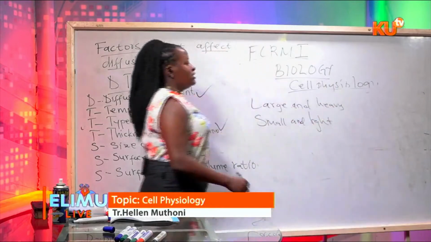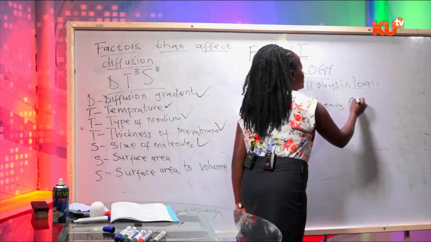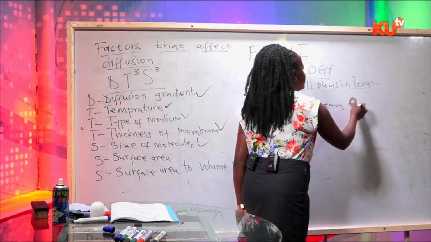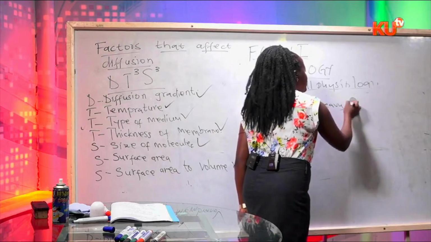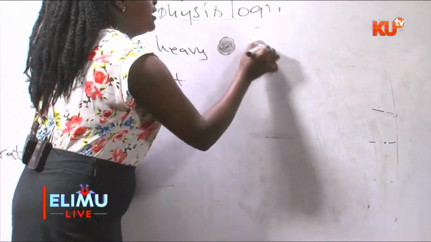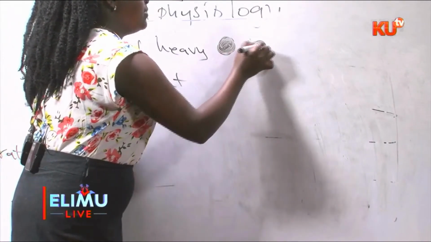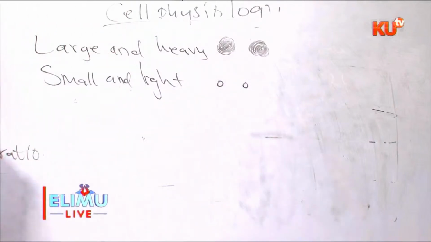So large and heavy molecules, we can draw big shaded circles to demonstrate this. Large and heavy. They are big in size and their weight is more. Then we have these two unshaded circles to present small and light molecules.